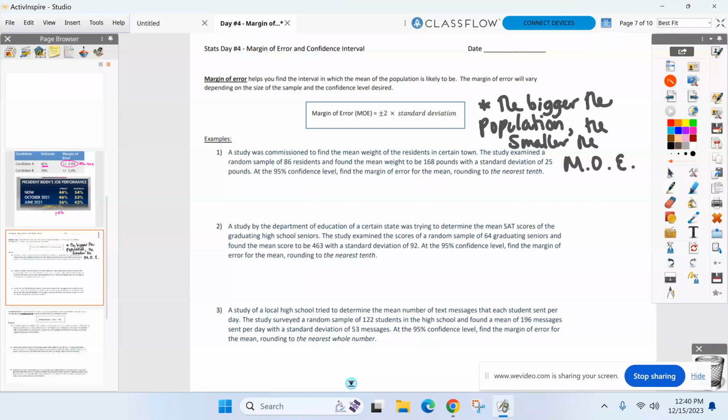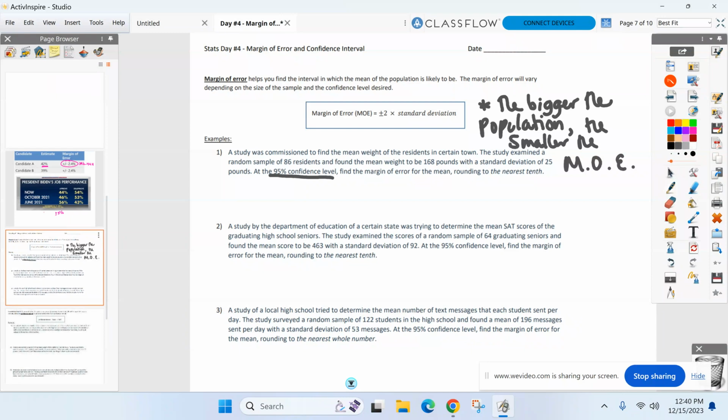So read through the first one here. There's a lot I've thrown at you, but I only need a couple pieces. It studied 86 residents, a mean weight of 168 pounds, standard deviation of 25. I'll talk about this 95% confidence level after we're done with the margin of error, but find it, rounding to the nearest tenth if necessary. So margin of error is plus or minus 2 times the standard deviation.